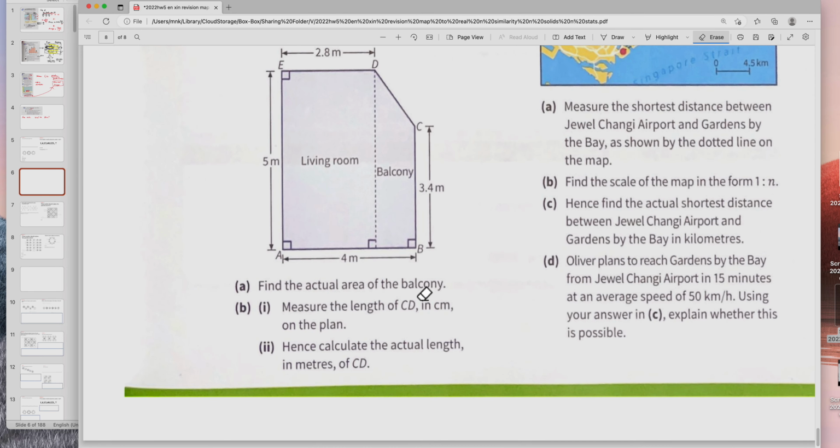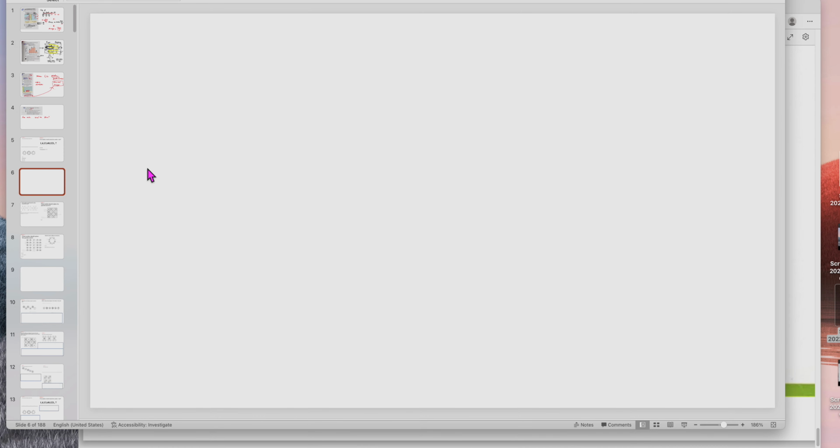Let's do an intro question before we move on to that question. Let's say the map is 1 cm, then real life will be, let's say, 2 kilometer. So the length ratio given in this question is 1 cm to 2 kilometer.